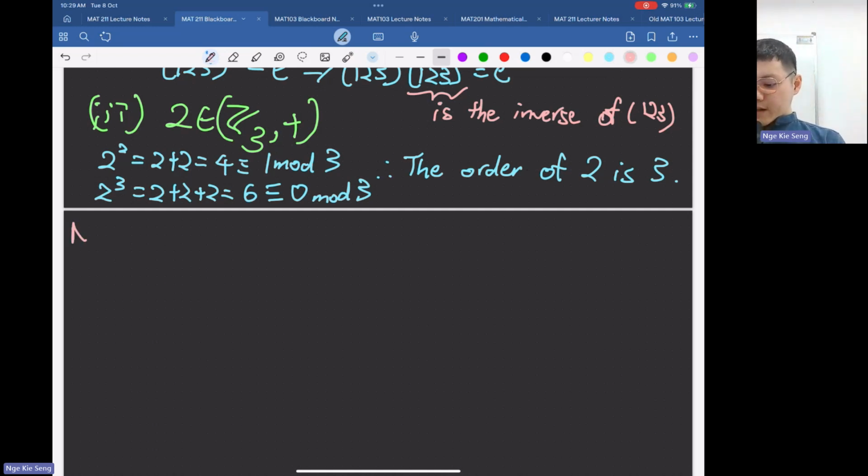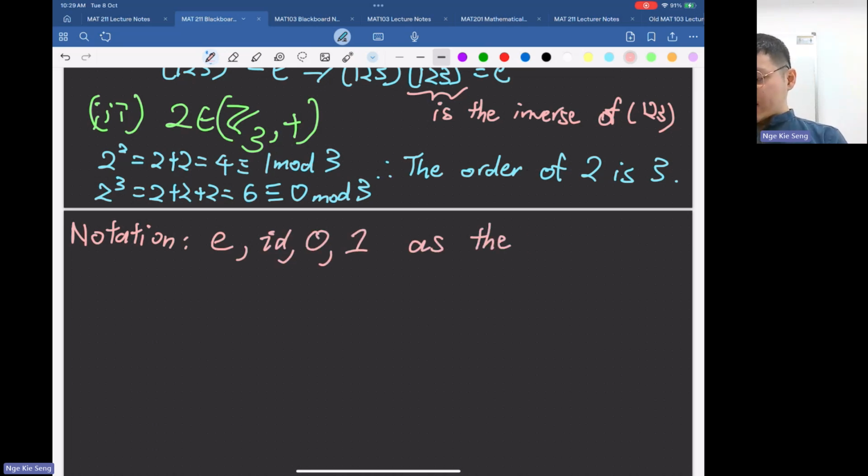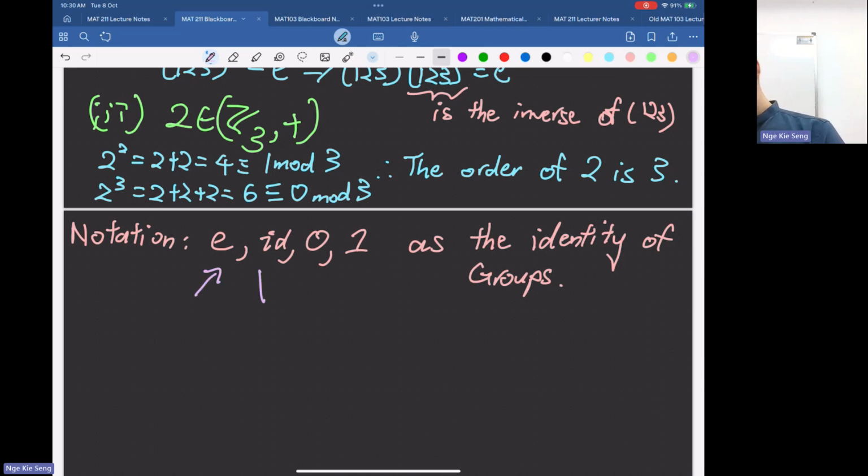So, notation here. Now I will be using e, identity, 0, or 1 as the identity element of my group. Depending on the case, I will use one of them. So let me tell you the general type of cases where I will use these. e is the one for a general or abstract group.